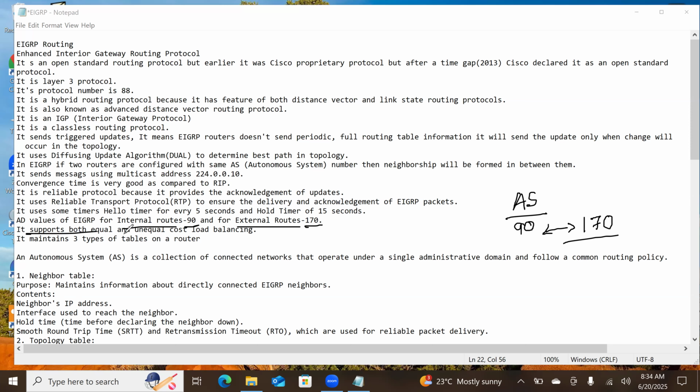It supports both equal and unequal cost load balancing. And it maintains 3 types of tables on a router. So what are those tables? Yesterday also I said, the first one is the neighbor table.